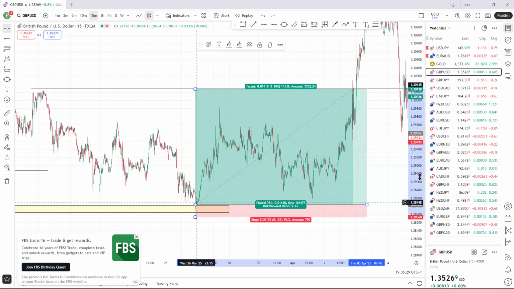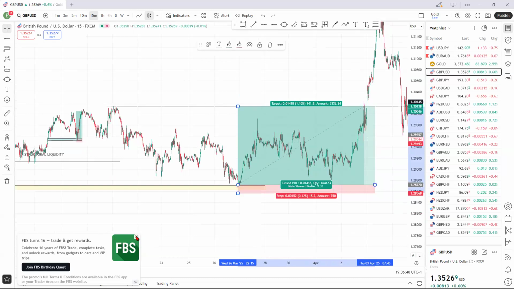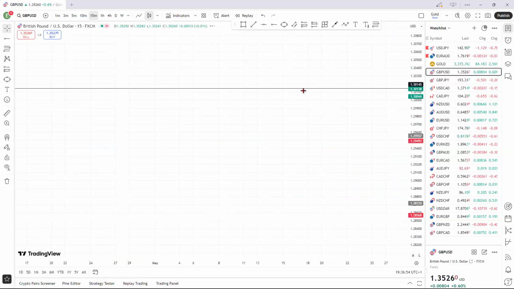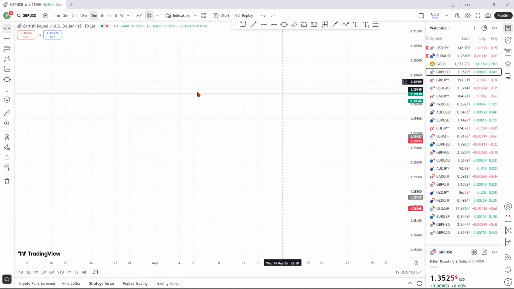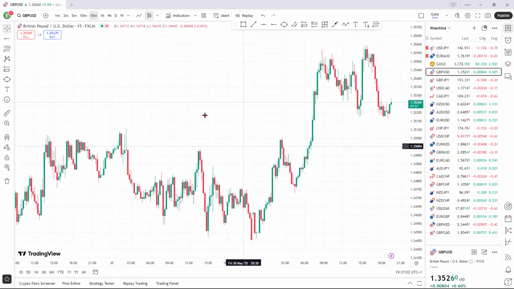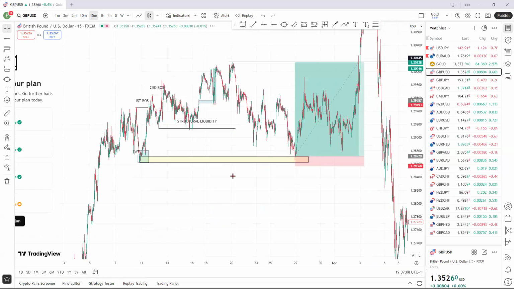So I think it took roughly 6 days, almost 1 week, to reach there. So basically, this demand and supply makes your entry sniper.